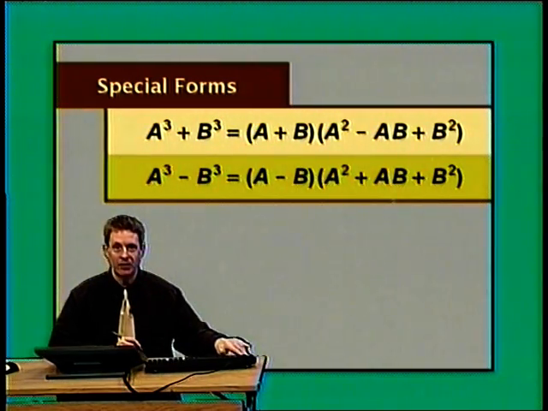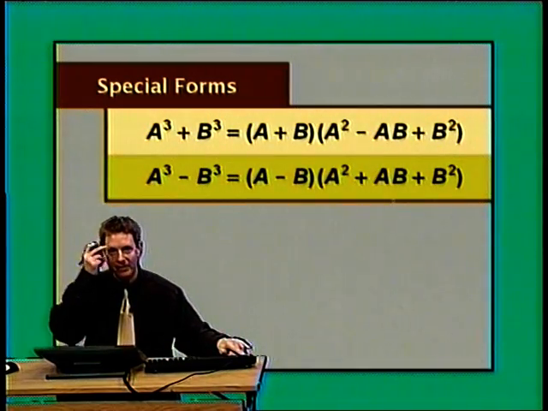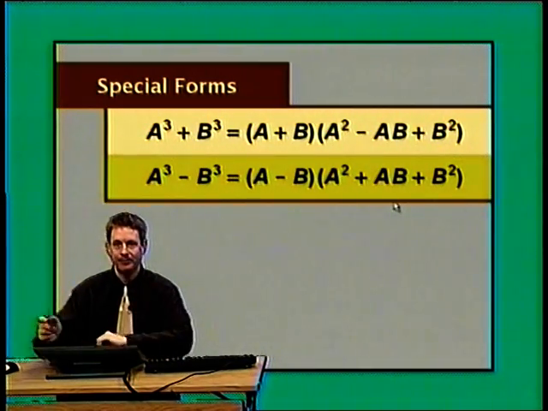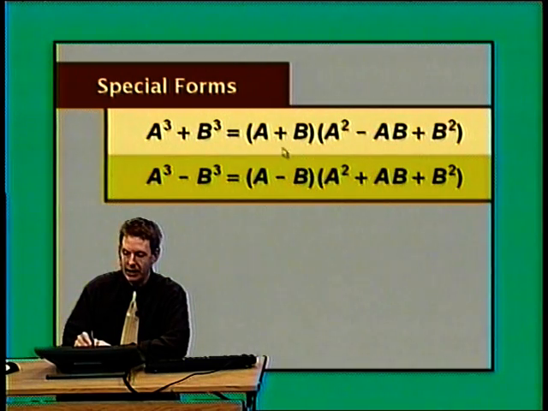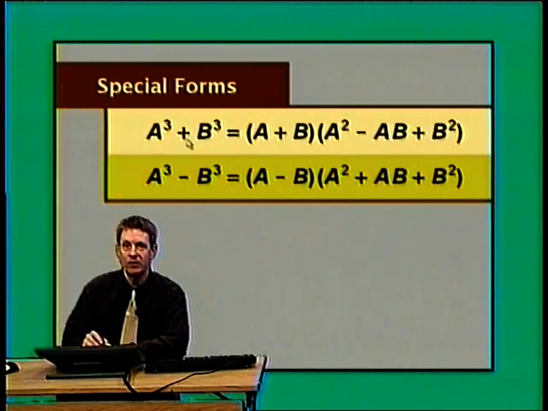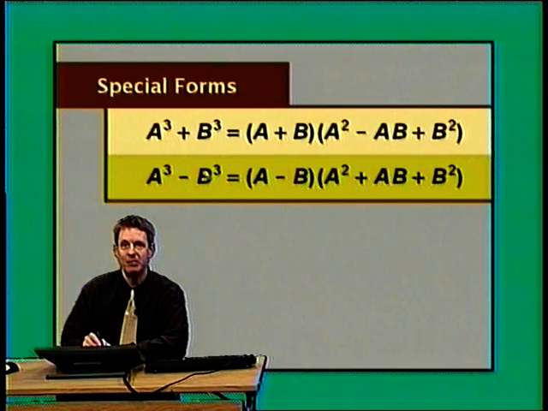Now, these formulas are a little more complicated than the ones that we've seen earlier, so I do want to give you a little tip about how I keep these formulas straight in my head. Notice that the sign in the middle of the binomials on both sides of the equal sign are the same. A cubed plus b cubed, a plus b. A cubed minus b cubed, a minus b.